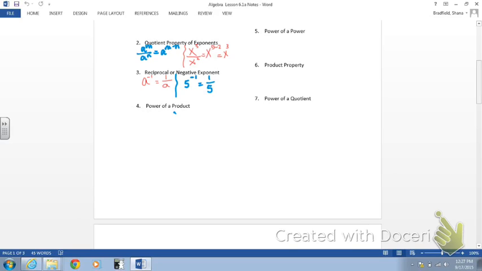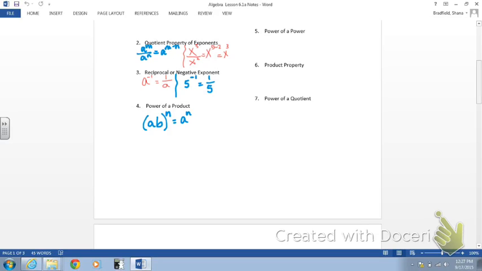Number 4 is the power of a product. So I'm going to take some product, a times b to the n. When I take the power of a product, each of those factors inside the parentheses will get an exponent.